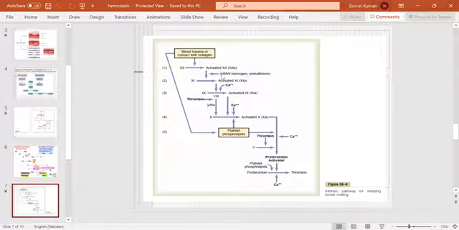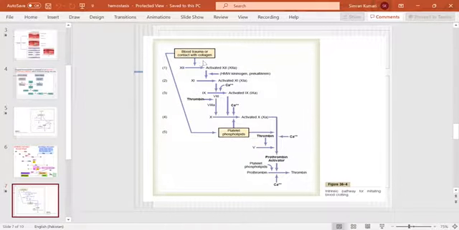ठीक है? अच्छा, now your intrinsic pathway is activated when the trauma is inside the vascular system. ठीक है? मतलब when there is trauma to the blood or the collagen gets exposed. ठीक है? Now this exposed collagen stimulates the activation of factor 12. ठीक है?